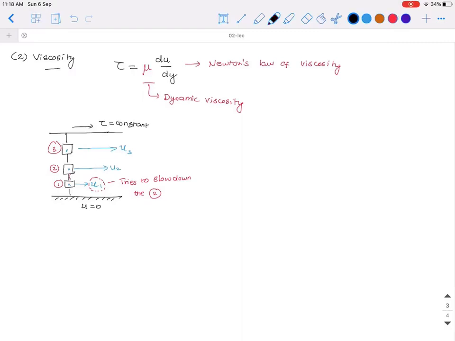Okay, so viscosity is the measure of internal fluid friction that offers resistance to relative motion between layers of fluids.